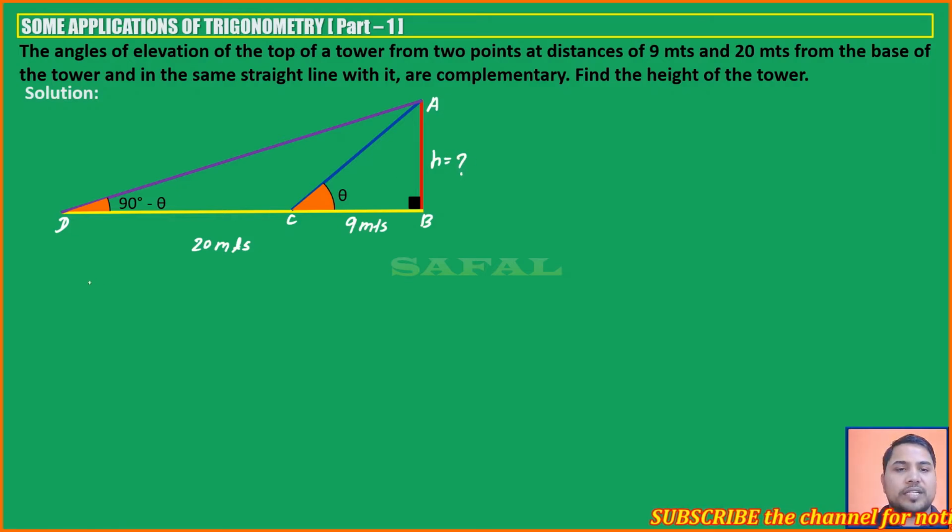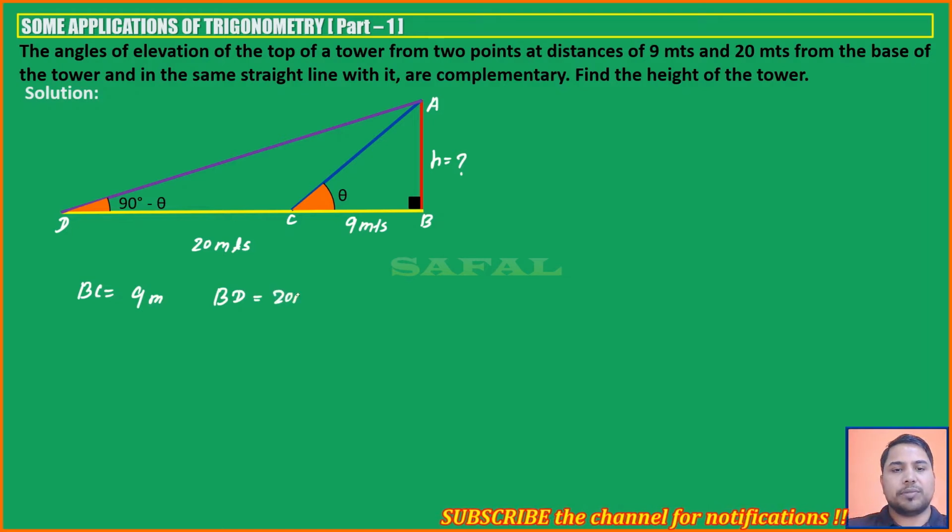So given to us is BC is 9 meters, and BD is 20 meters. So with the help of this given data, we need to find the height of the tower, that is the value of small h.